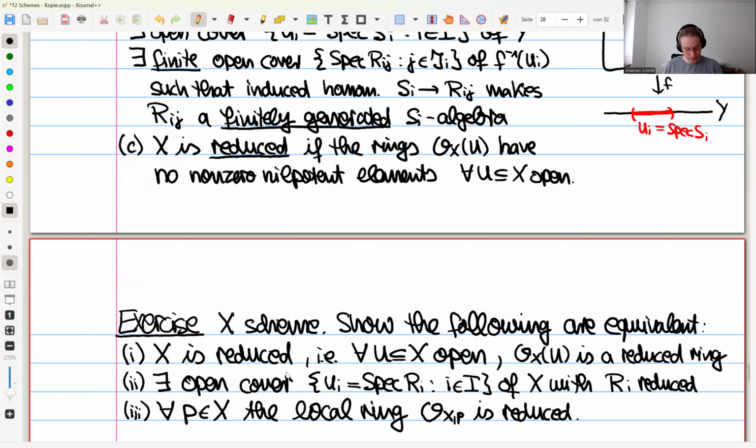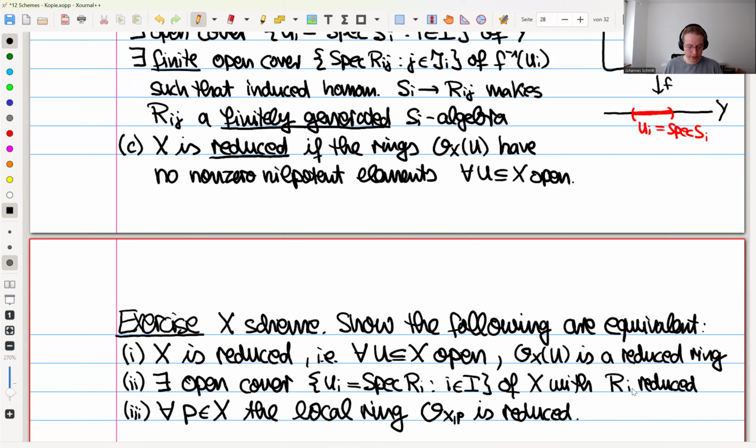First, X is reduced. So for all U inside X open, this is a reduced ring. Then the second one is something which you can actually check on any cover you want. So you can say there exists an open cover by affine schemes such that the corresponding rings are reduced.